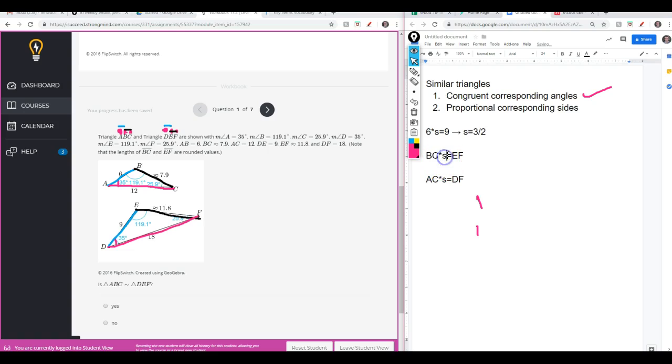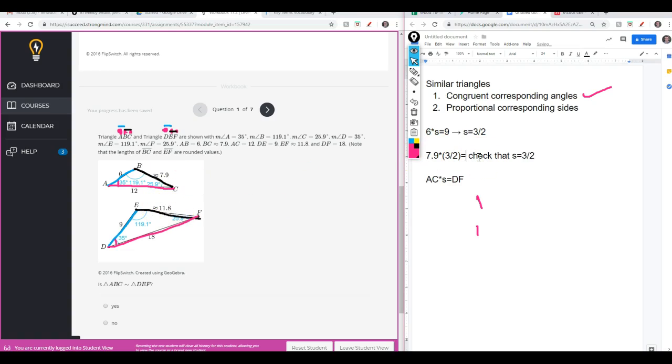So when we come back in here, we're going to check that S still equals 3/2 to make this true. So the distance of BC is approximately 7.9. Let's see if multiplying it by 3/2 gives us approximately 11.8.